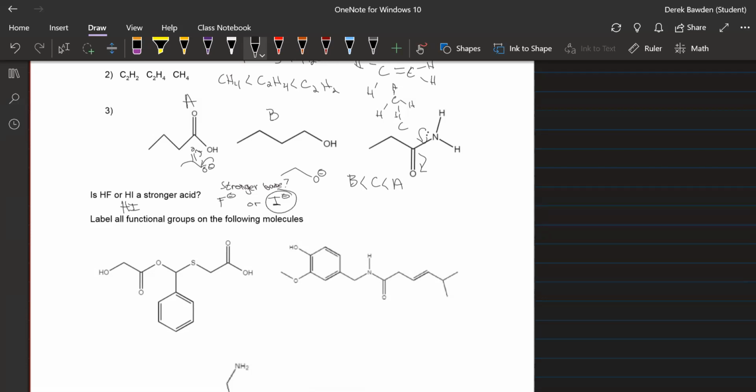Thanks, Tanner. Iodine is more stable because it's bigger and holds a negative charge better. So fluorine is going to be a stronger base because it's less stable, and so it's going to try to find any hydrogen anywhere to try to steal and become hydrofluoric acid. Okay, so it's a stronger base, fluoride ion.